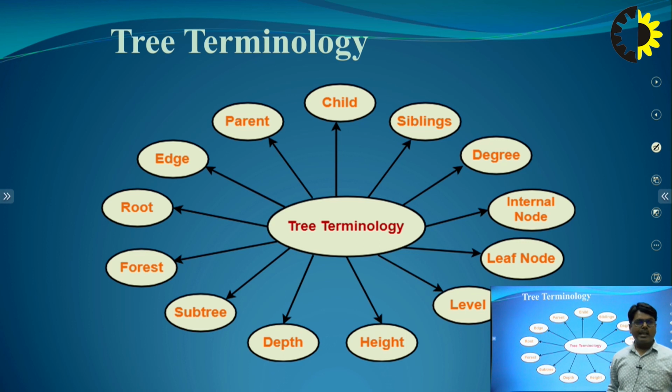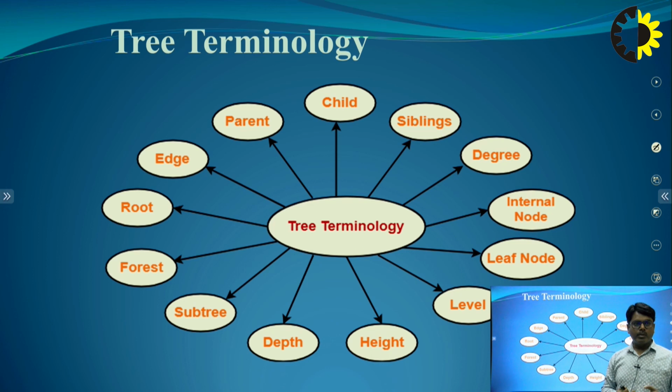Now, what terminology will we be using here for trees? Whenever we study trees, there are a few words which are very important to understand, because the whole tree structure is related to these particular words. That is the tree terminology.